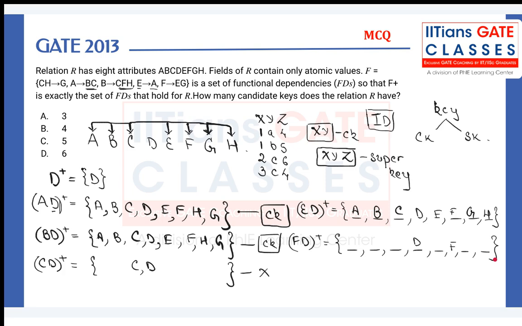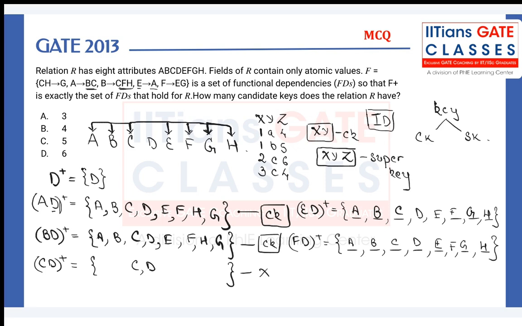F gives me EG. E gives me A. A gives me BC, B gives me CFH. It gave me everything. So even this is a candidate key.